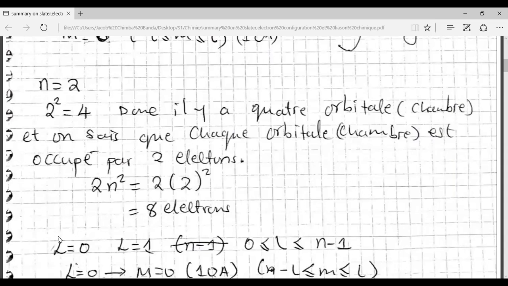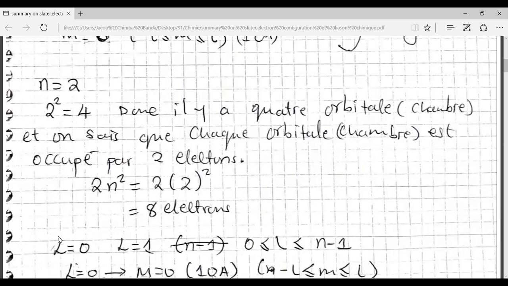This is the formula you must remember from secondary school, which you mostly used when writing the configuration of something. You know that the first shell must have 2 electrons, the second shell must have 8, the third shell must have 18, and so on.